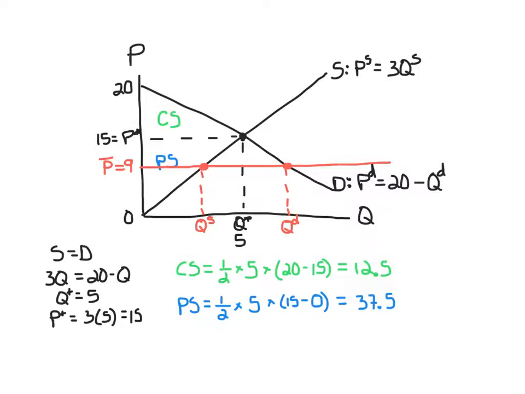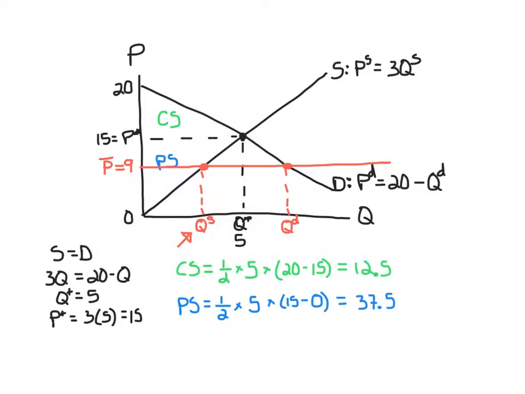Now, the actual number of transactions in this market will be determined by the quantity supplied, because while this many consumers want to buy the product, there's only this much of it to go around. So this will determine how many units are actually bought and sold. Okay, so what is that quantity supplied?